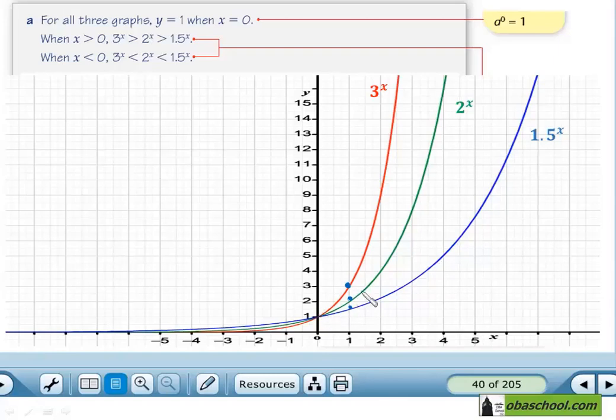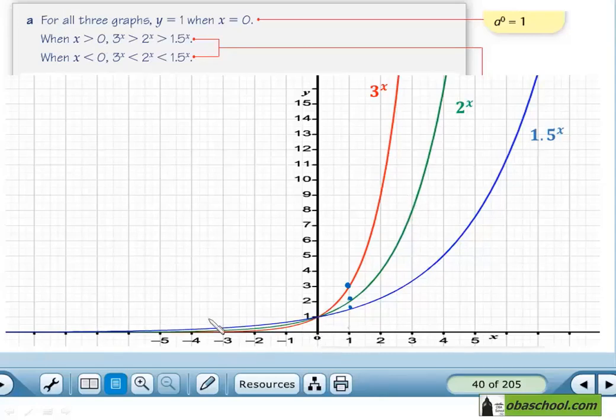Notice this order. But if you go to the other side of the graph, on the left side of the y-axis, I'm going to zoom in a little bit for you. You're going to notice that the same order is now switched. This particular order is now the complete opposite.